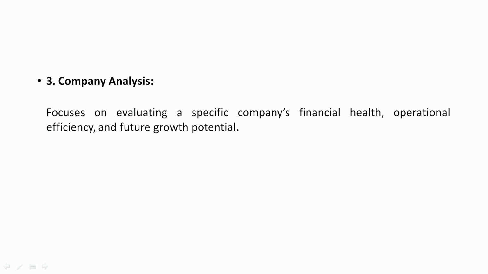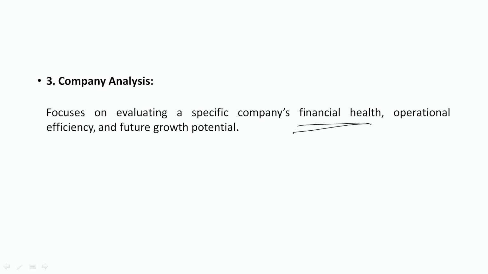And the third part comes once we have seen the environment to be conducive, and second, which is the best industry we can put our money in, then the third part is identifying the best firm within that particular industry in which we can put our money. For that, we have to do a company analysis, and company analysis talks about the financial health of the company. And financial health can be measured in various ways.